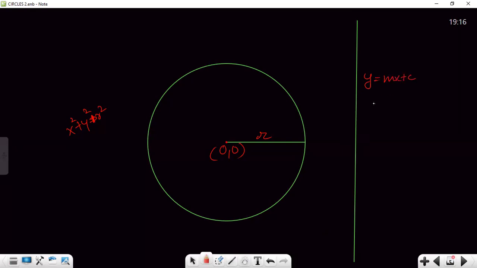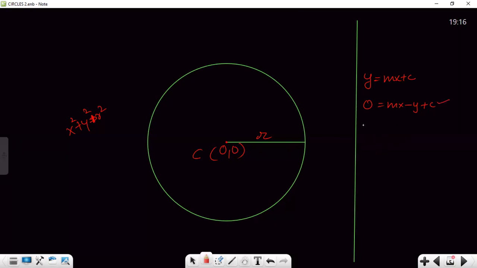Now we write the equation of the line in our general basic form. Now let's find the distance of the line from the origin. Why are we finding it? I'll tell you later.